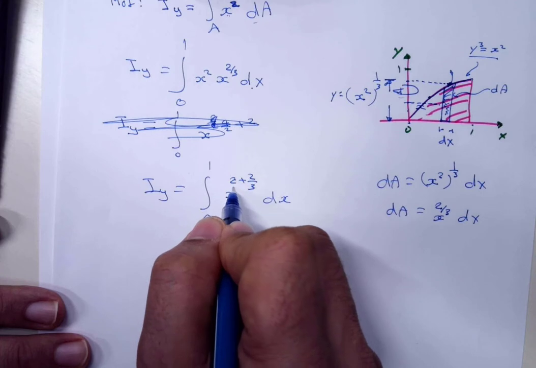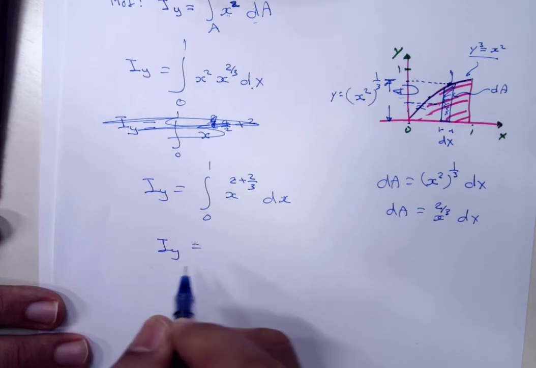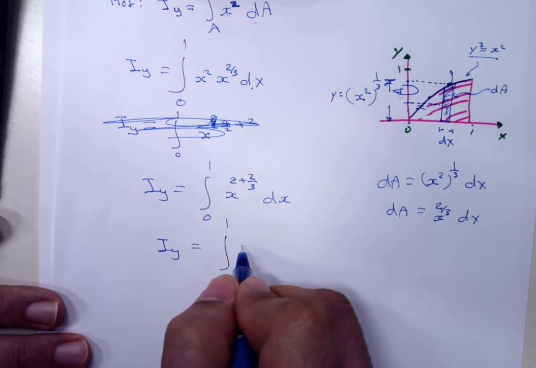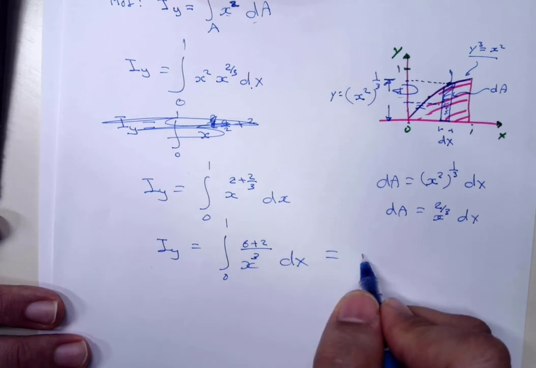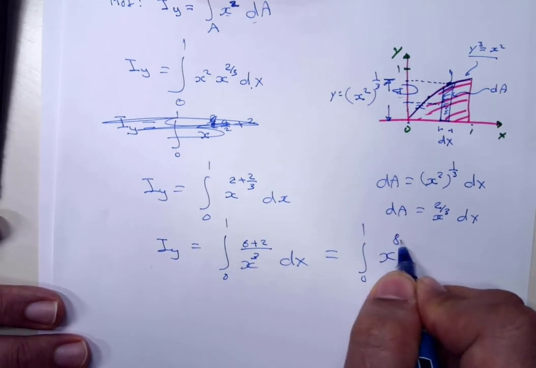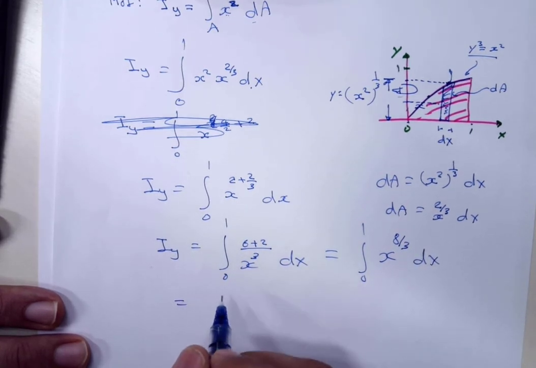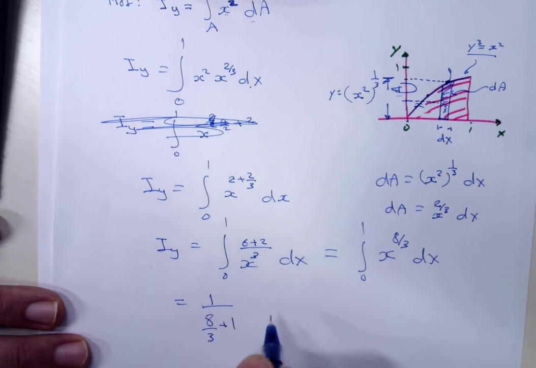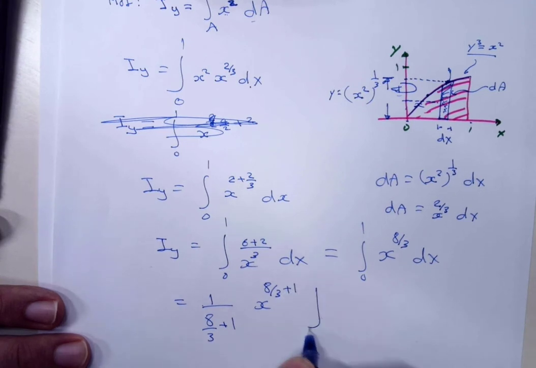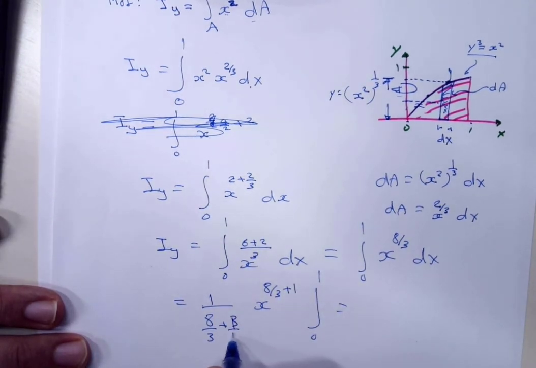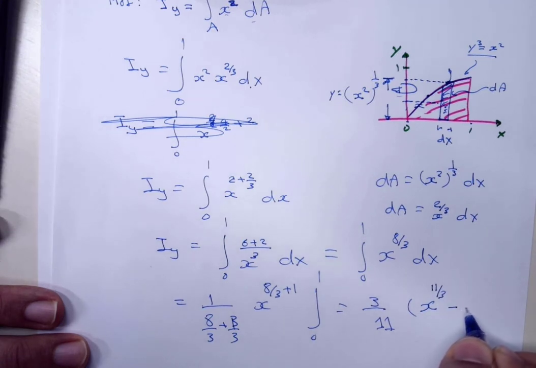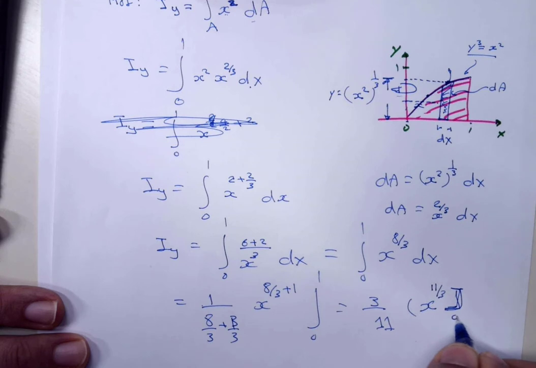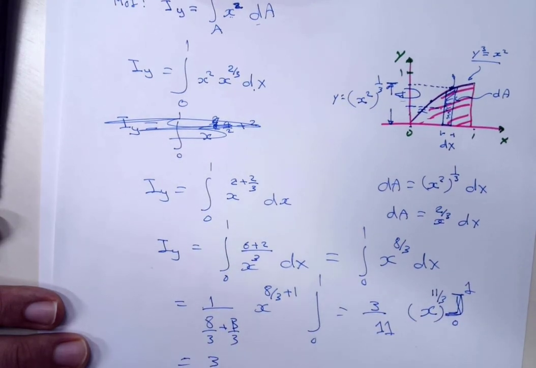So multiply by 3 over 3, so this becomes simply 6 plus 2 over 3 dx, and that is equal to 0 to 1 x 8 over 3 dx, equal to 1 over 8 over 3 plus 1 x 8 over 3 plus 1, 0 to 1, and that is equal to 3 over 11, right? x 11 over 3, minus, over here, from 0 to 1, 3 over 11.